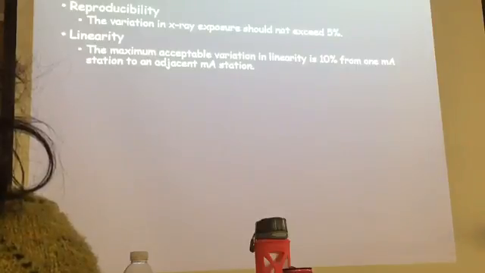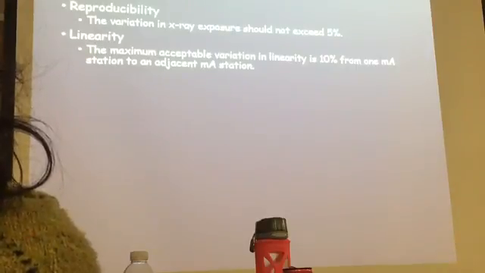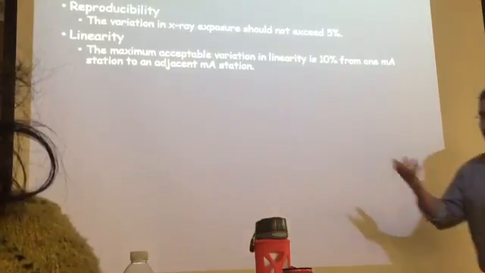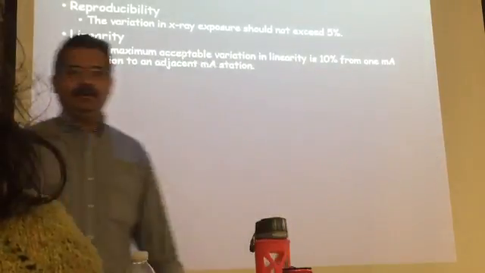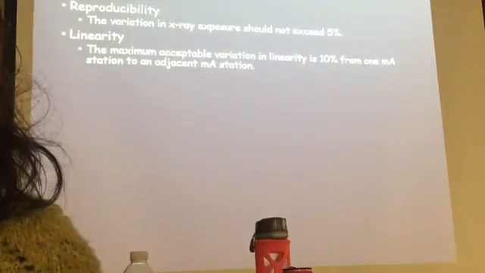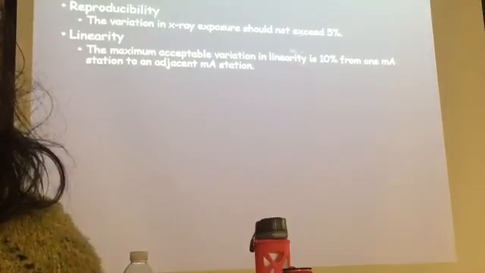A physicist will bring in a detector, make several exposures, and make sure the amount is in fact that amount. Say for the first exposure you get 13 milliroentgen, and the second exposure will be the same. The third, the fourth, the fifth, they should all be the same. The variation cannot exceed 5%.